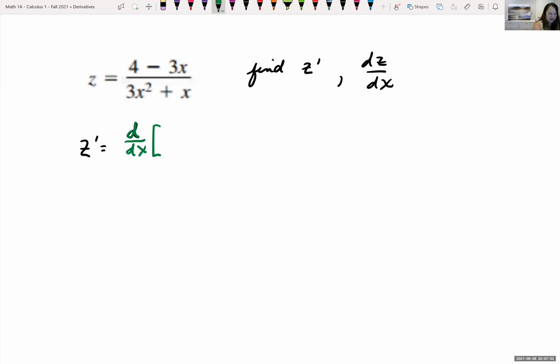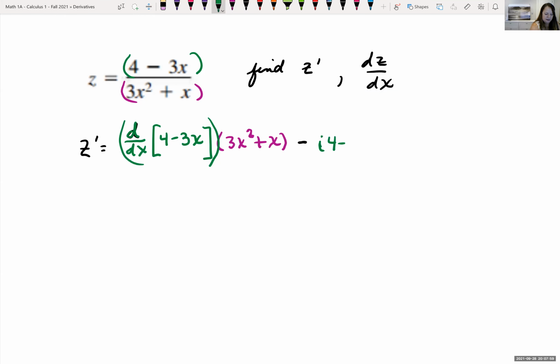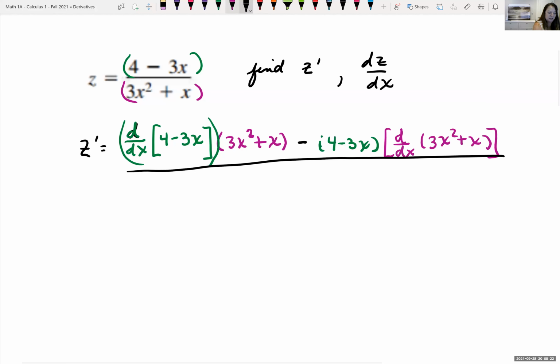So the derivative of the numerator, which is this 4 minus 3x, all times the denominator, and my denominator is 3x squared plus x, minus my numerator, which is this 4 minus 3x, all times the derivative, I'm going to write that as d dx, of the denominator, which is 3x squared plus x, all over the denominator, quantity squared. I apologize, not the derivative of the denominator.